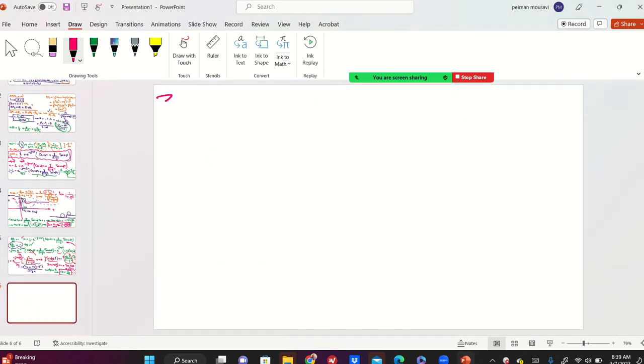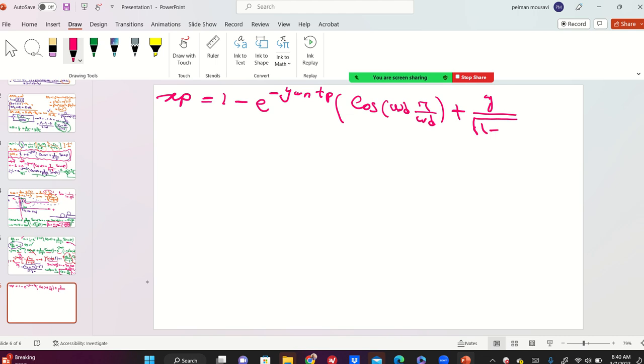So x of overshoot, x p, is 1 minus e to the minus zeta omega n Tp, cosine omega d Tp, where Tp is pi over omega d. We found it. Plus zeta over square root of 1 minus zeta square, sine omega d at peak time, pi over omega d.